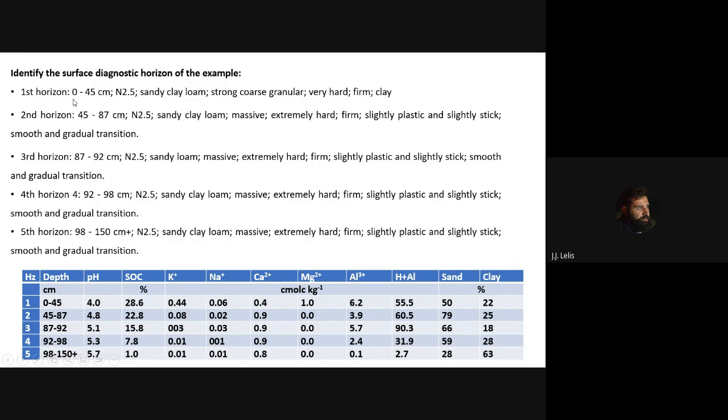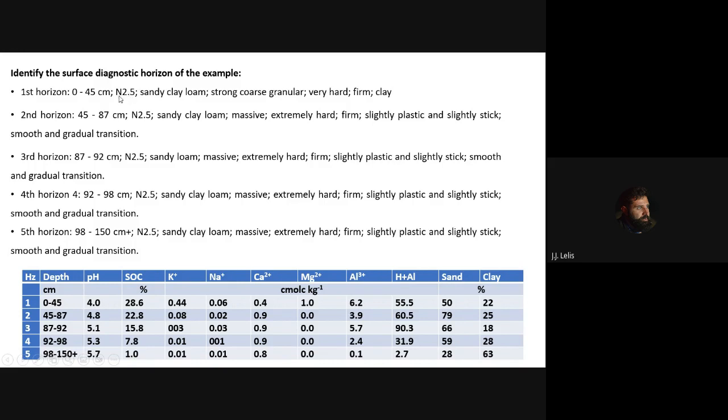us. And let's see the morphology of this horizon. It has 45 centimeters of thickness. The color is N2.5. That means that it possesses a gray color.